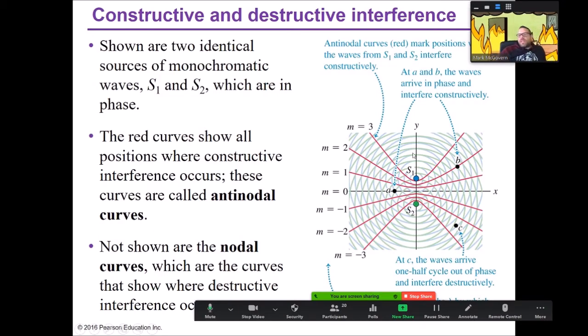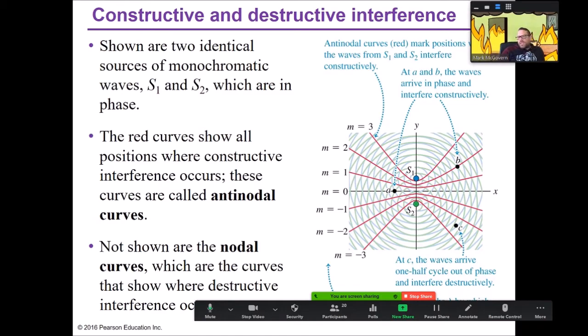What's happening with the m equals 1 line is we are identifying all the locations where there's exactly a 1 wavelength difference between the paths. And that's still going to result in constructive interference. M equals 2 is when there's a 2 wavelength path difference. 3 is a 3 wavelength path difference. And you can go on from there.